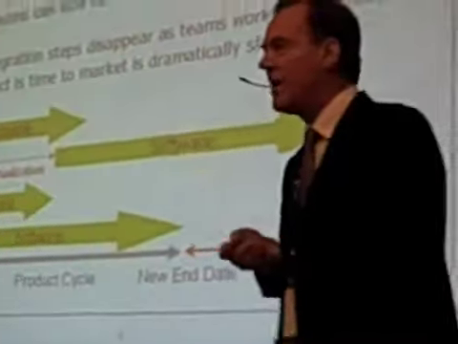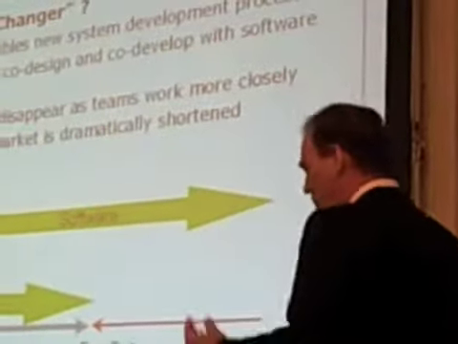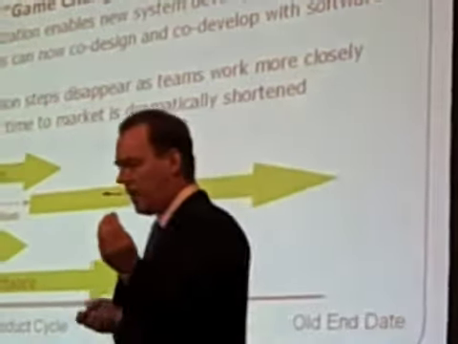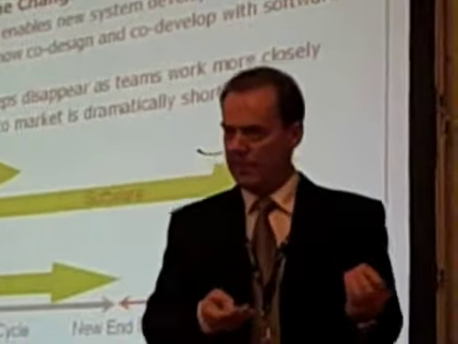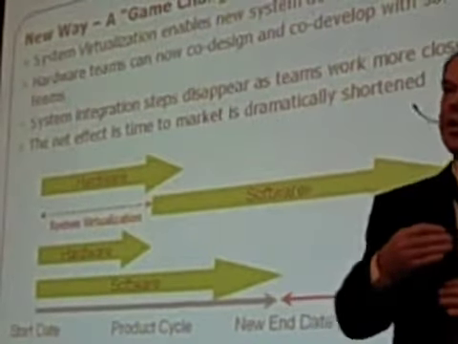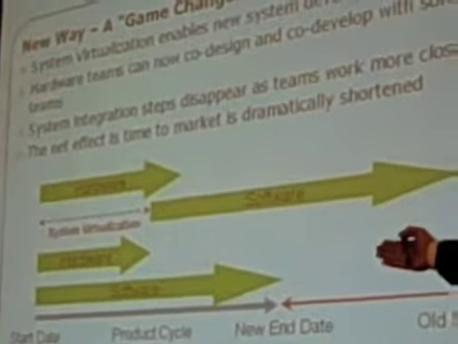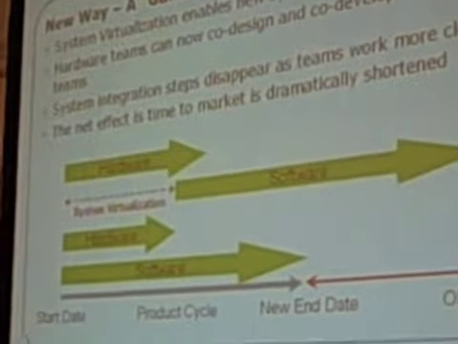This is why it is a game changer: when people have this model of the hardware, they can change their process. Instead of doing things sequentially, waiting on the hardware, they have much more opportunity to do things in parallel.